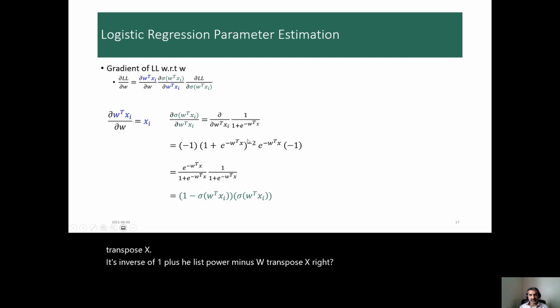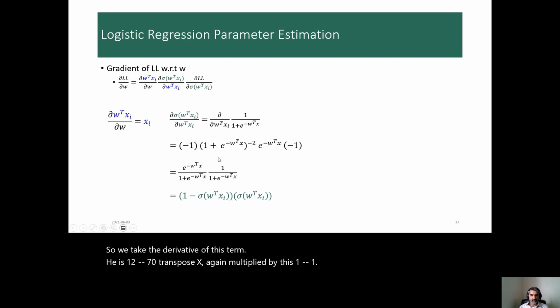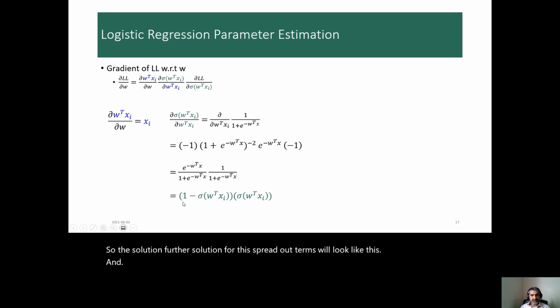And when we take the derivative, that -1 comes here, and here we add 1, so it becomes -2. Only this term is dependent on W, so we take the derivative of this term, e raised to power minus W transpose X, again multiplied by this -1. So the further solution for these spread out terms will look like this. Further cutting it down, we come to this point: 1 minus sigmoid multiplied by sigmoid. First term, xi, second term, 1 minus sigmoid multiplied by sigmoid, third term.